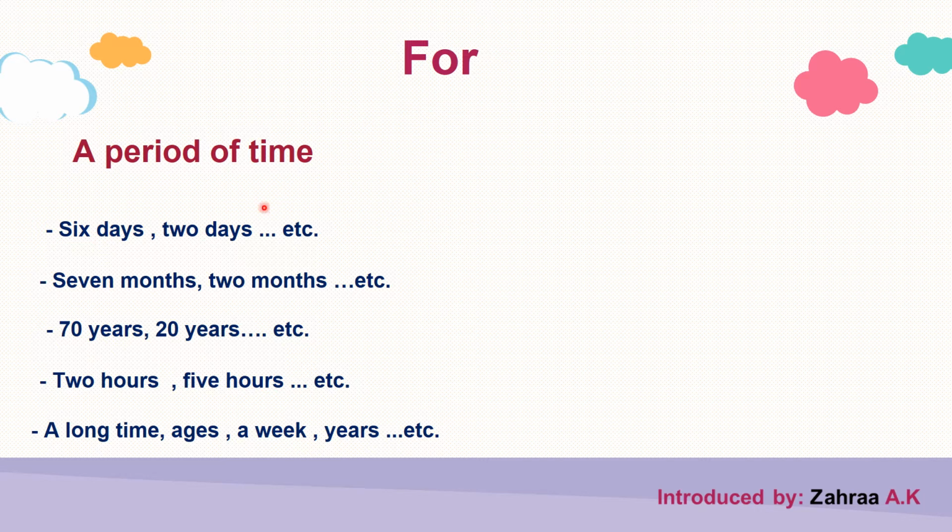For 2 days, لمدة يومين, we did not specify which days. For 7 months, for 2 months, لمدة 7 أشهر، شهرين, not specific. For 70 years, لمدة 70 سنة, also not specific.